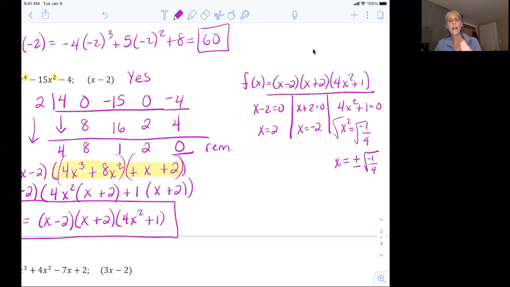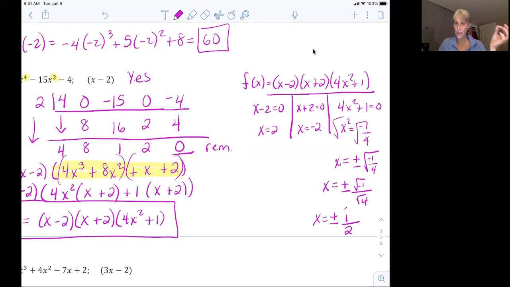Remember, when you have a negative under a square root sign, that means that's an imaginary value, right? So I'll do this one time. I could break this up into the square root of negative 1 over the square root of 4. X is going to equal plus or minus, I could take out an i over 2, because the square root of negative 1 is just i.